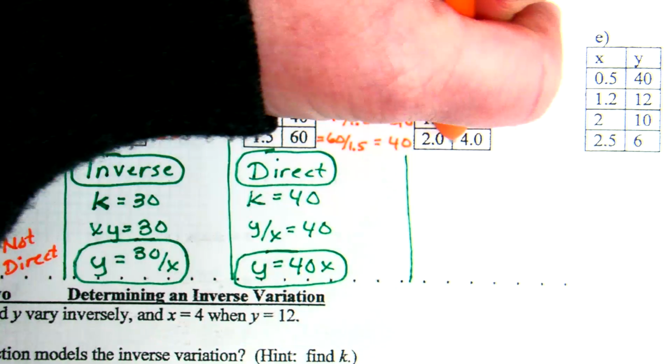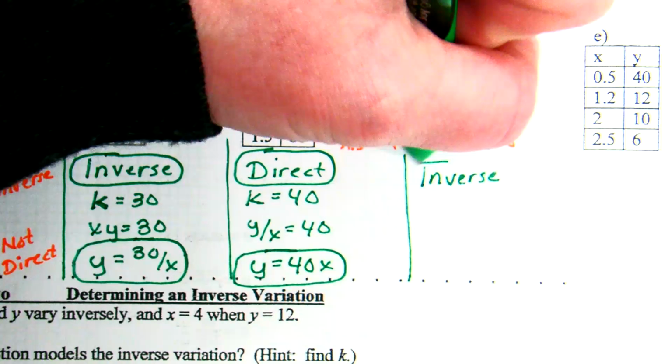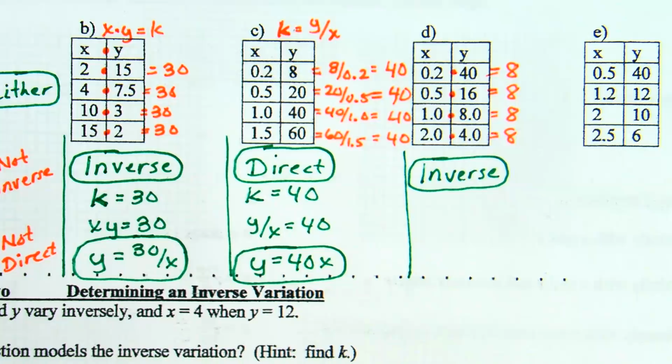Half of 16 is 8. 1.0 times 8.0. And 2.0 times 4.0? 8. They always multiply to be the same number, so that makes this what? Inverse.